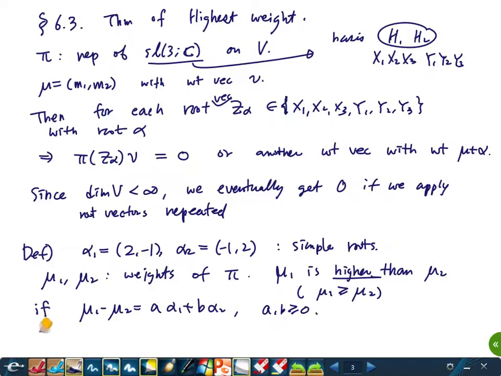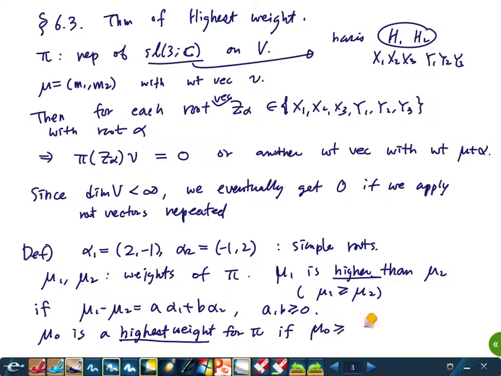And mu0 is called a highest weight for a given representation pi, if it is higher than every weight in pi.